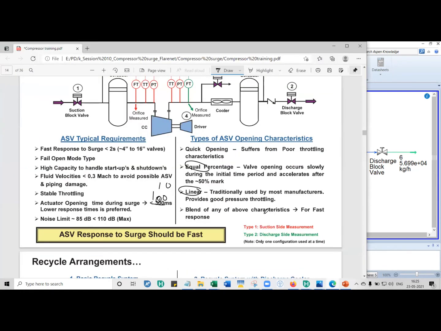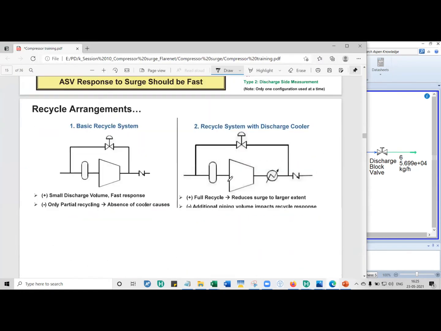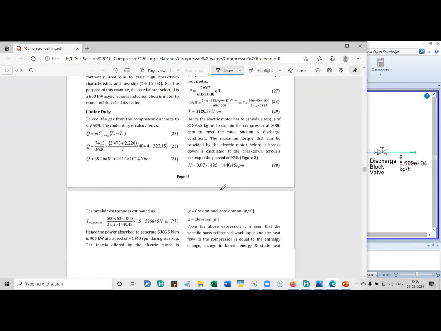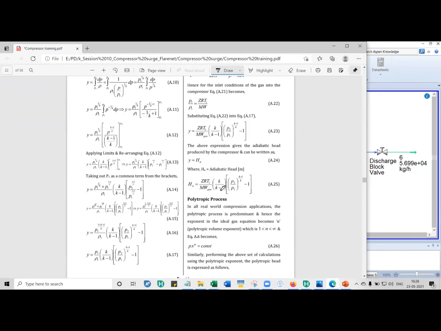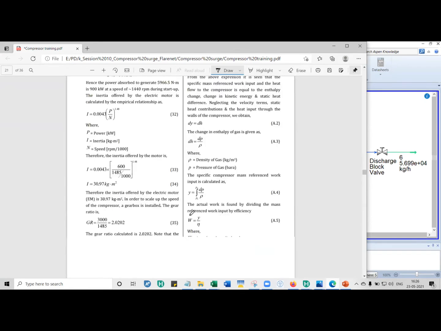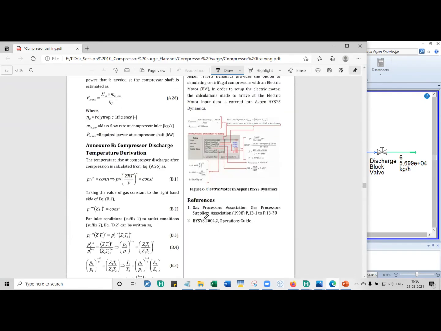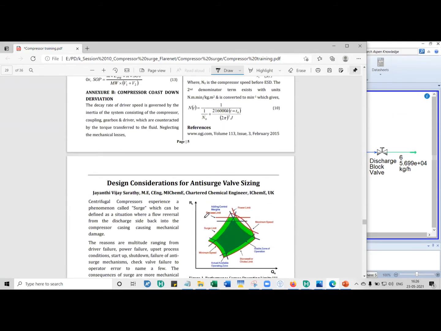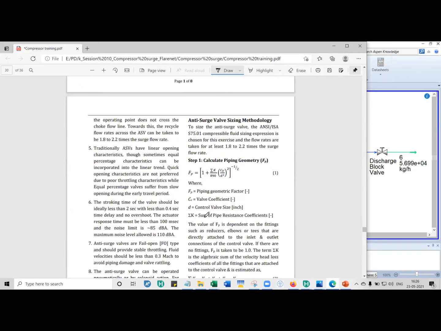Now, in this, Sarji, that PDF file, can you just show some of the material? Yeah, if you come down, I've given a procedure here: how to size your anti-surge valve. You can do it by hand, meaning on Excel. Okay, this is for settle out conditions, how you can calculate, estimate.